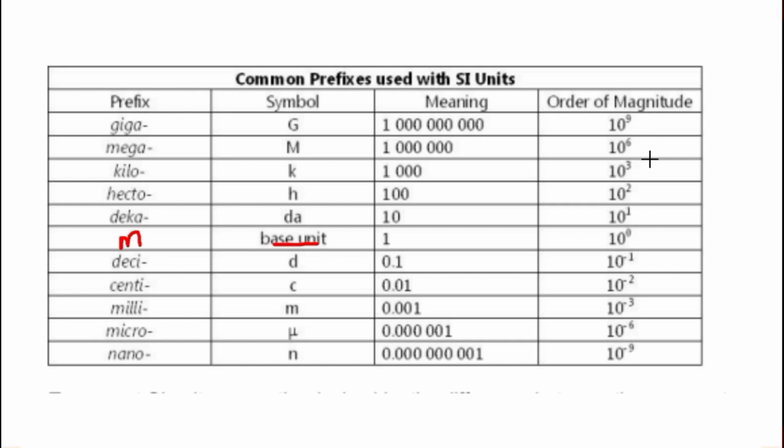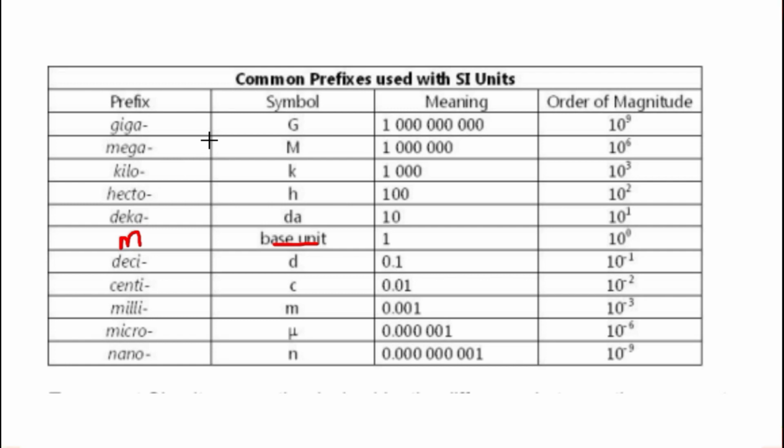From 3, 10 raised to 6, and then 10 raised to 9. By 3s. So the orders of magnitude are 1, 2, 3, 6, and 9: deka, hekto, kilo, mega, giga.